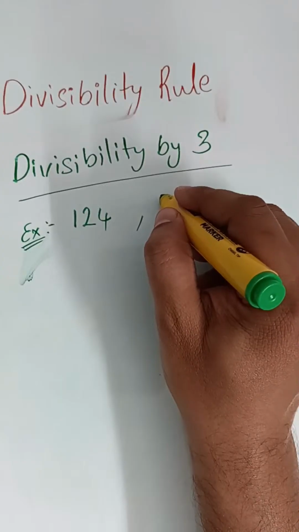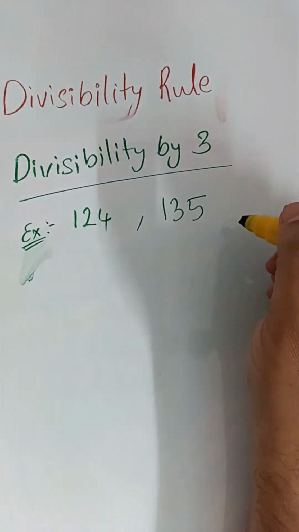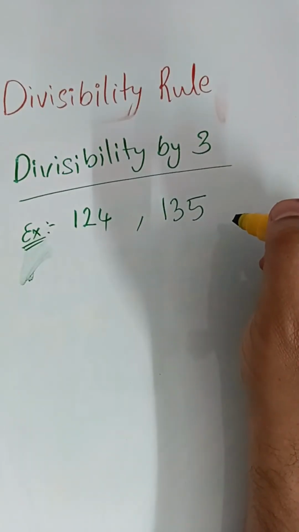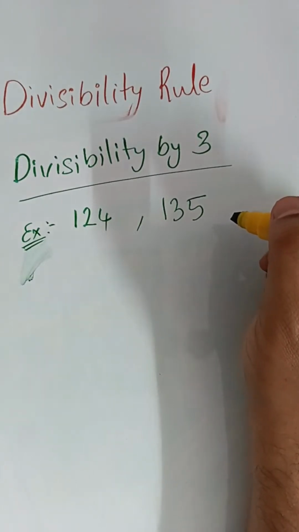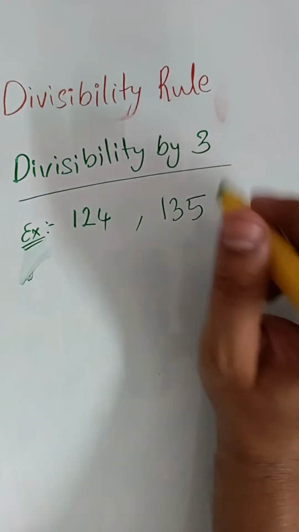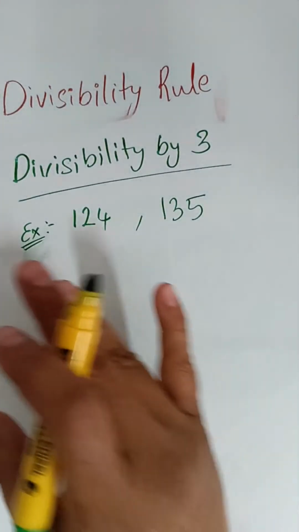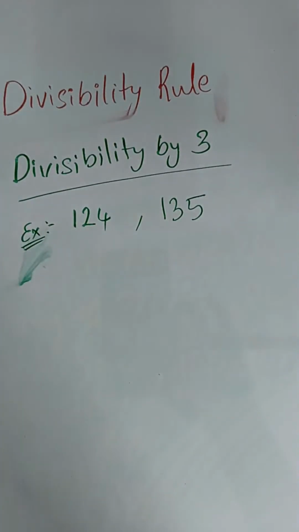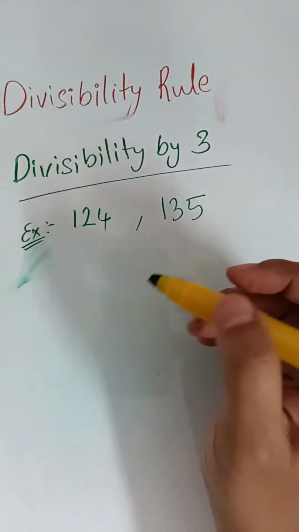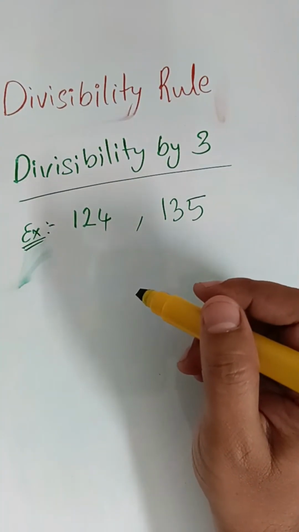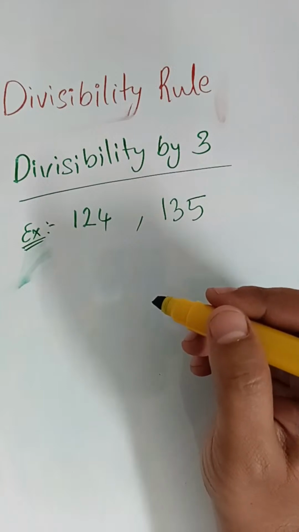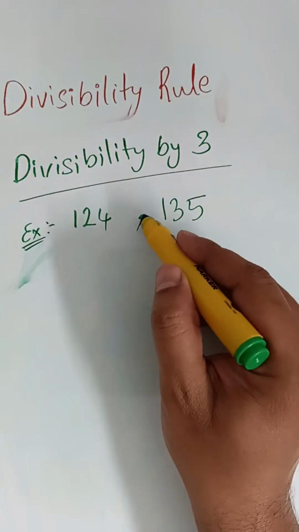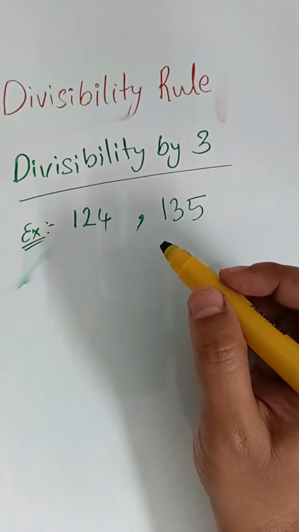and 135, right? Divisibility rule by 3 now.